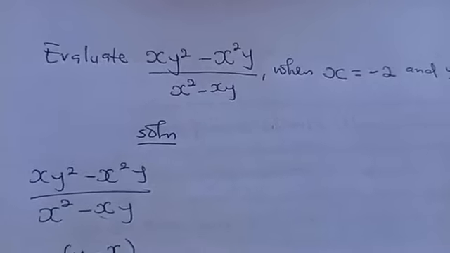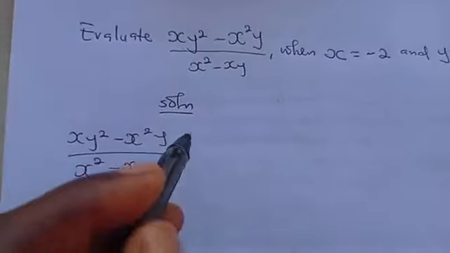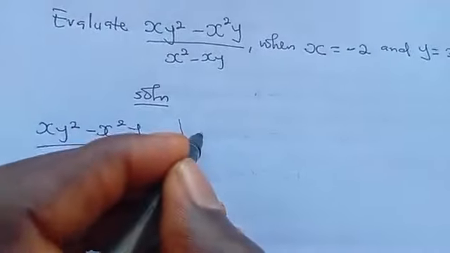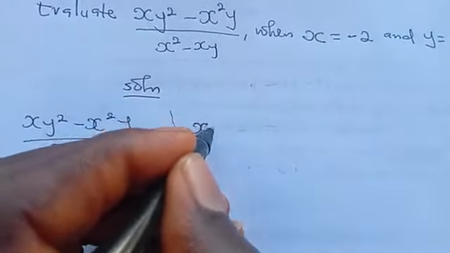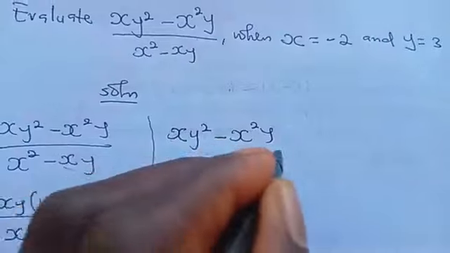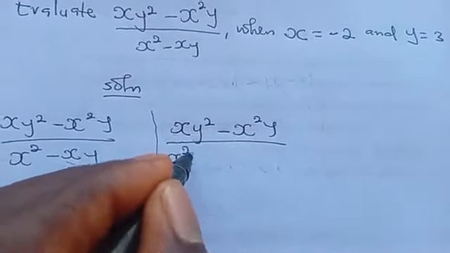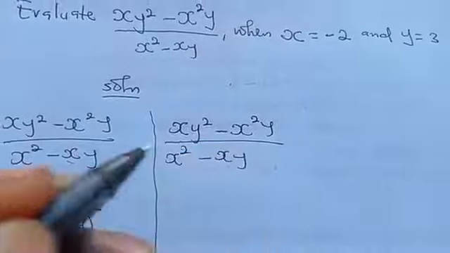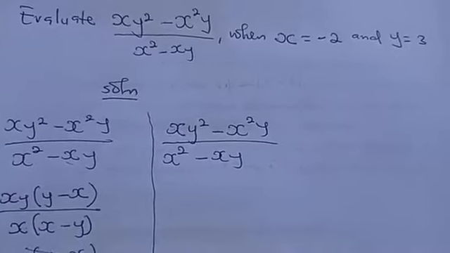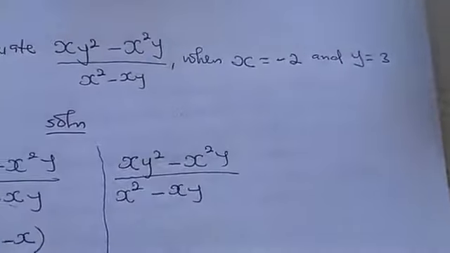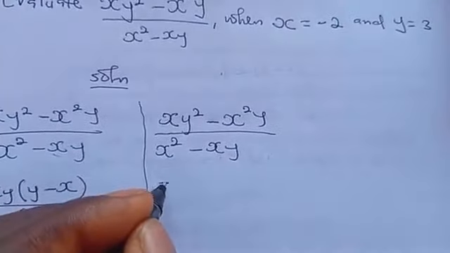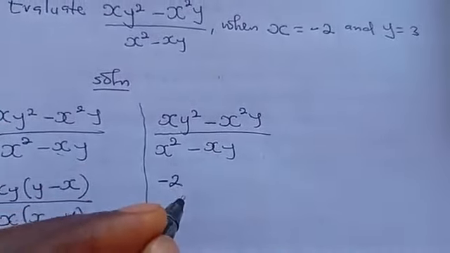xy squared minus x squared y divided by x squared minus xy. Alternatively, let's substitute directly into that algebraic expression. So if we have xy squared minus x squared y divided by x squared minus xy, when x is equal to minus 2 and y is equal to 3, this is what we will have. First, our x here, we'll substitute it with minus 2.